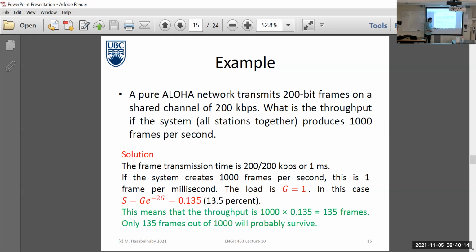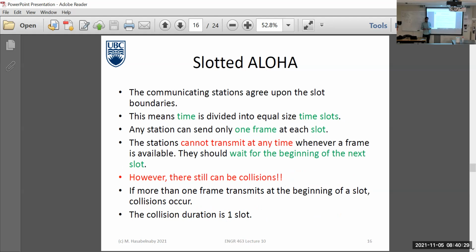So it is not suitable for large networks, but it is the simplest scheme. We don't have any complexity in this scheme. In the next lecture, we will discuss how we can improve the performance of ALOHA by proposing an improvement over ALOHA called slotted ALOHA.